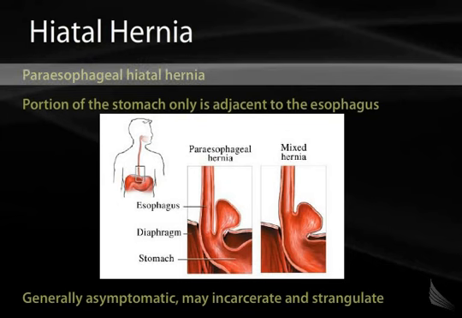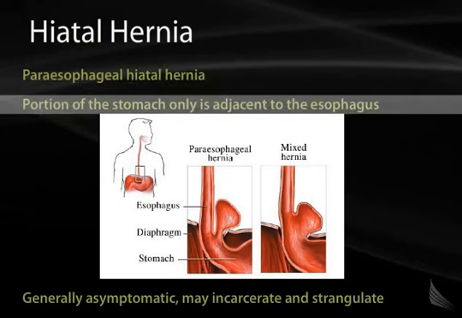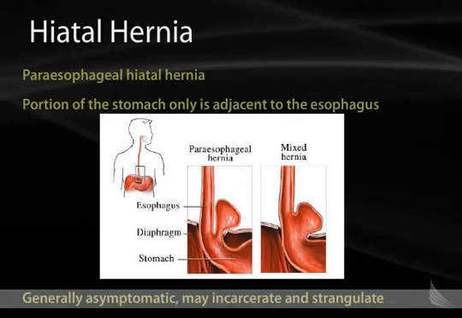With a paraesophageal hiatal hernia, a portion of the stomach only is adjacent to the esophagus. These are generally asymptomatic, but as you can see in this diagram, if the narrowing that the stomach is going through is too small, it can result in incarceration of the stomach and strangulation, and these patients can often present with severe pain.